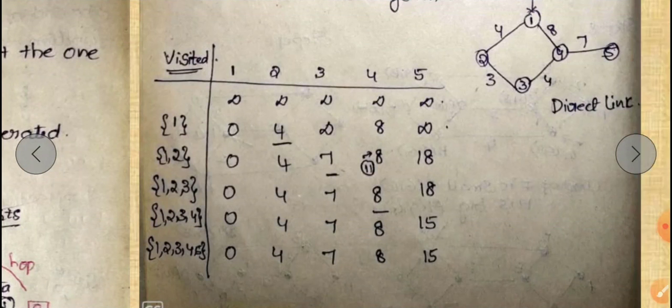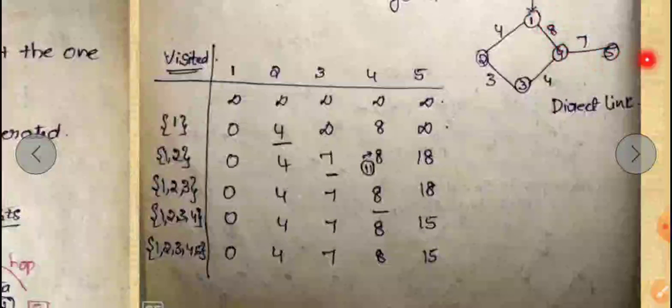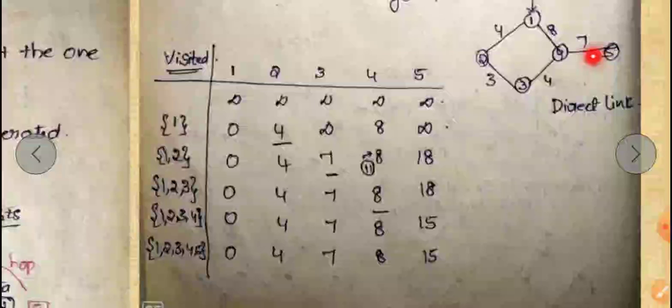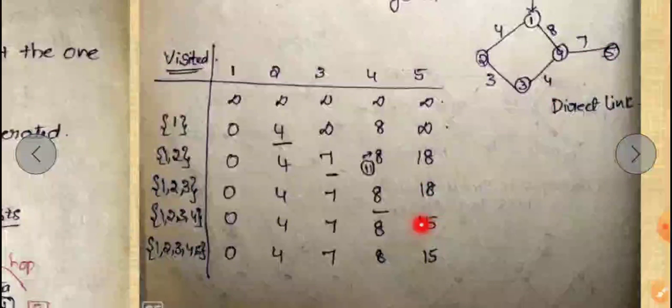For the fourth router, there is a direct connection to the fifth. So 1 to 5 via the fourth router. What is the value? 8 plus 7, 15. So here you can notice that instead of 18, 15 was the shortest path.